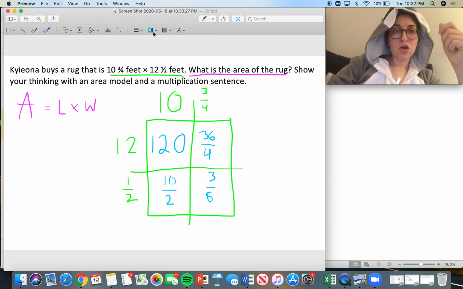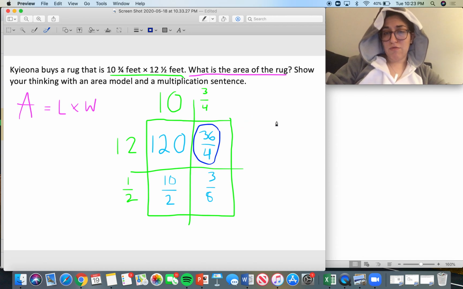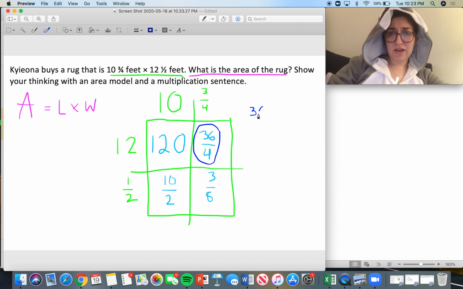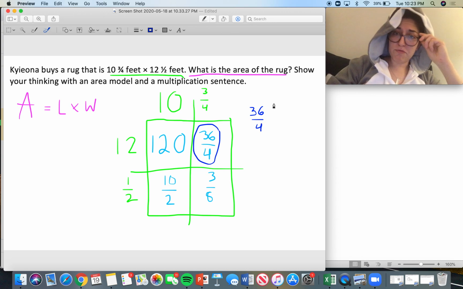We know that when we see a number like this, what it's telling us is that we have more than one whole, right? And what would one whole be? It would be 4/4. So how many 4/4 do we have? If I'm doing 36 over 4, that's kind of like taking 36 and breaking it into groups of 4.